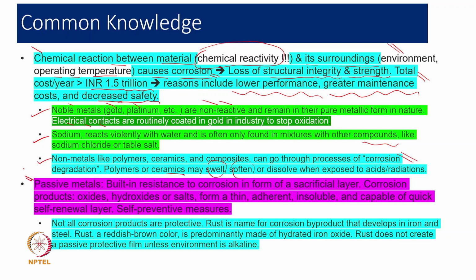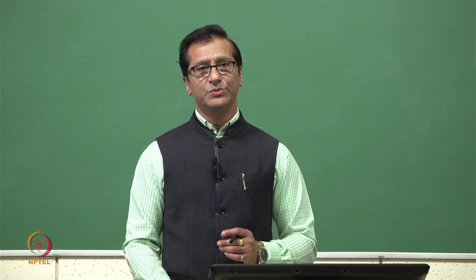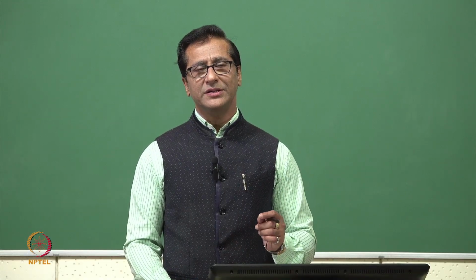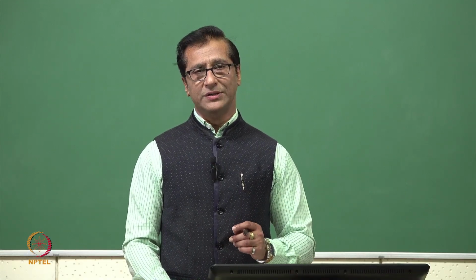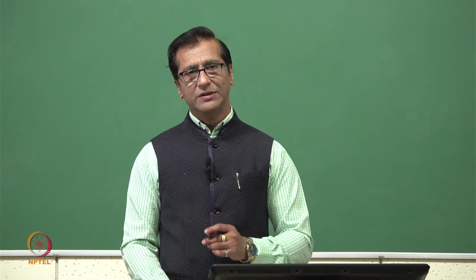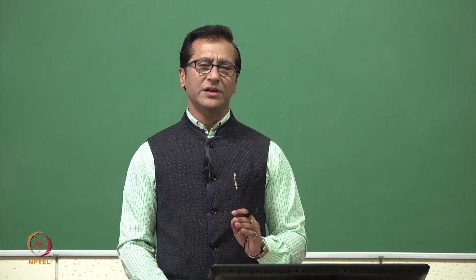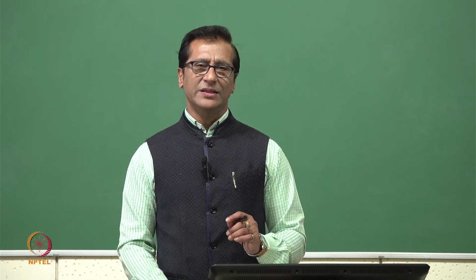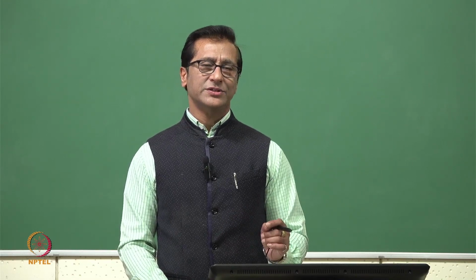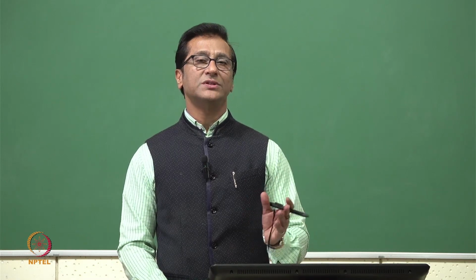Another thing we have learned from previous experience is that there are some materials known as passive materials. What are passive materials? A passive material has some sort of resistance to corrosion. It's not that they are really resistant. They get corroded, and then they make a thin layer on the surface which prevents further corrosion.